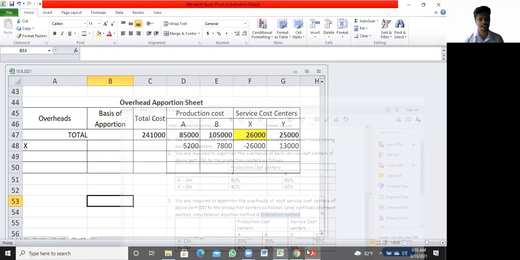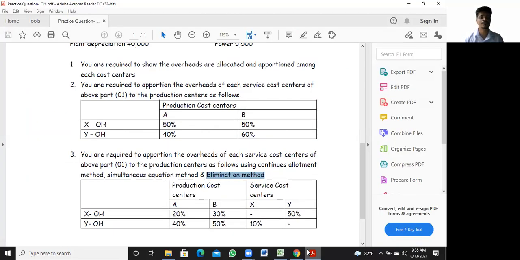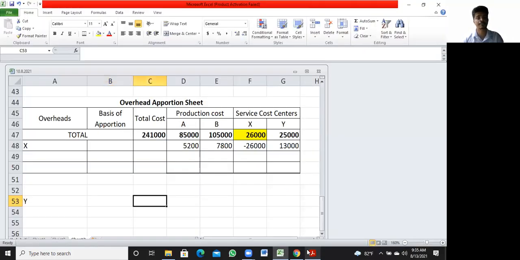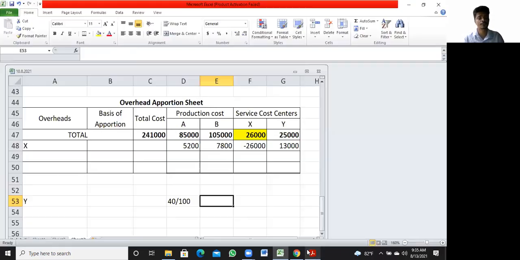That means 40% for A, which is 40 over 100, 50% for B, 50 over 100, and 10% for X.